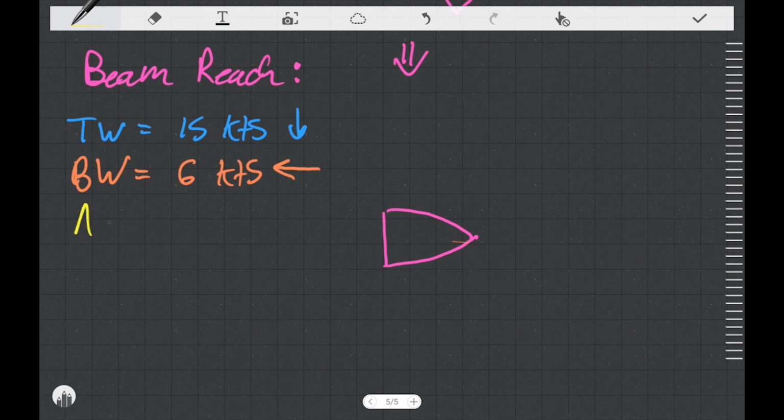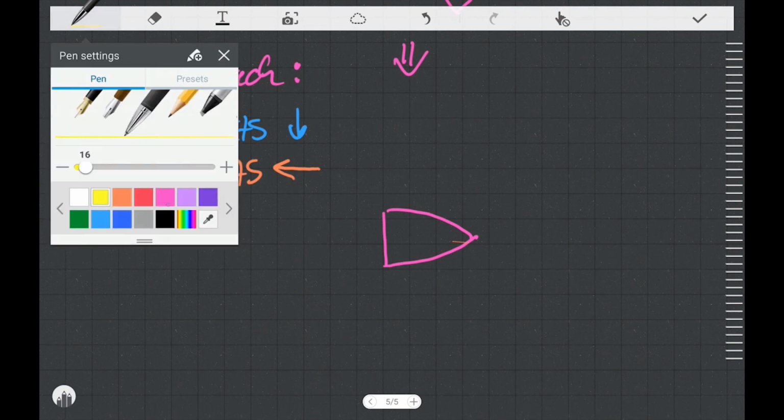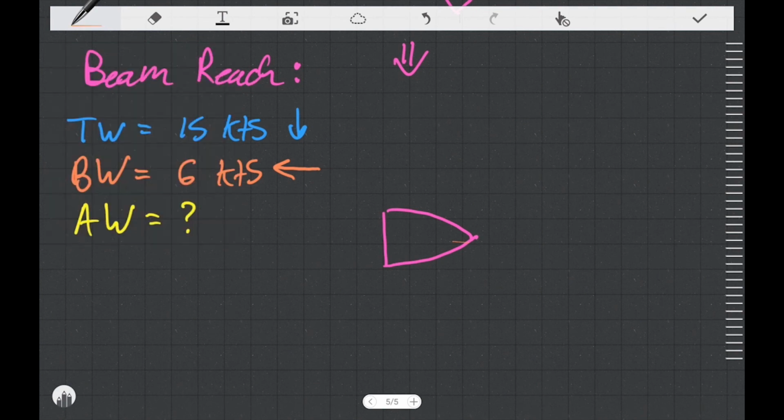So my yellow apparent wind, what's it doing? Well, what I'd like to do is landmark here off of the bow of the boat. And so remember we said we're going to be a little bit more than 5, so if this is 5, then probably to the bow of the boat is 6. So there's my 6 knots, boat wind.